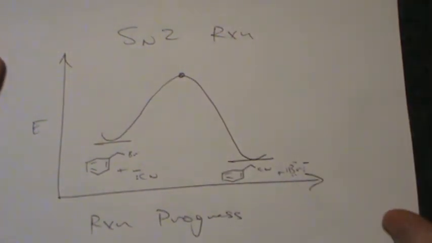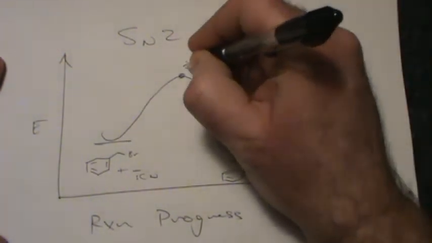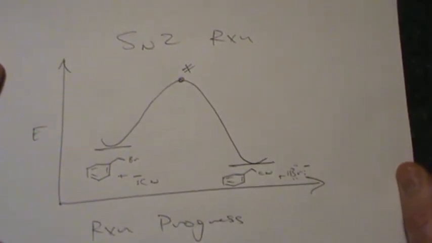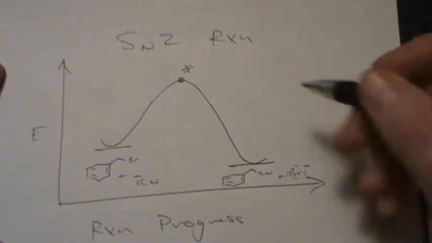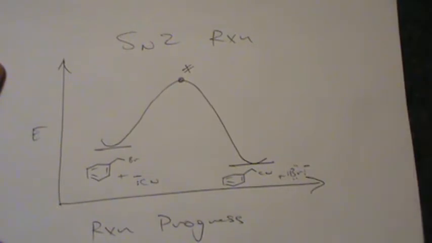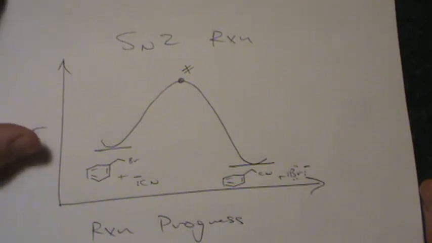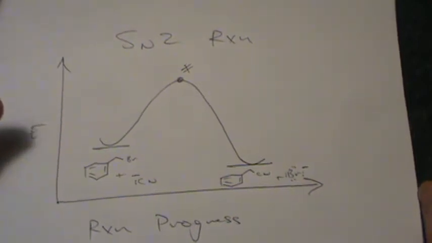So our energy profile would look something like this. This up here is the transition state, and we'll give that a double dagger symbol to indicate such. Well, that's nice. It shows that the SN2 reaction is a concerted process involving one transition state and no intermediates, no carbocation intermediates in particular, much like we just saw with the SN1 reaction. But it doesn't really explain why the reaction is so fast.